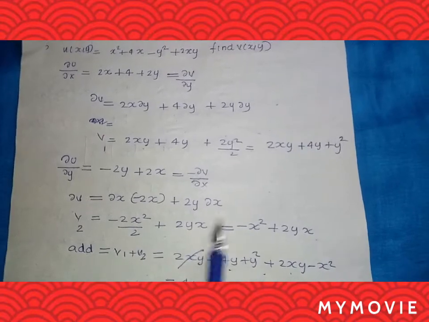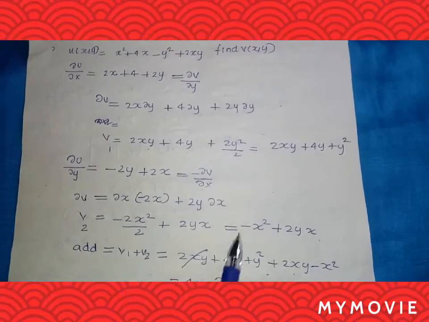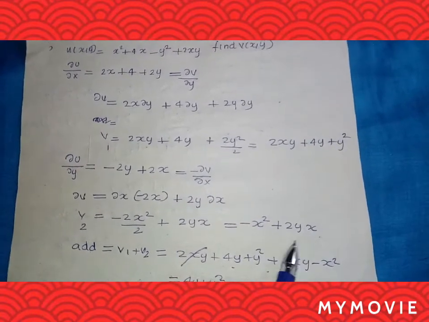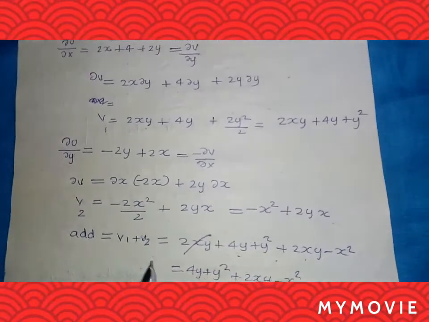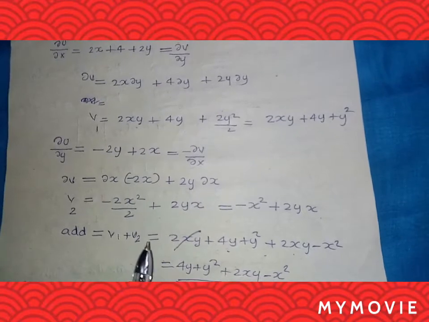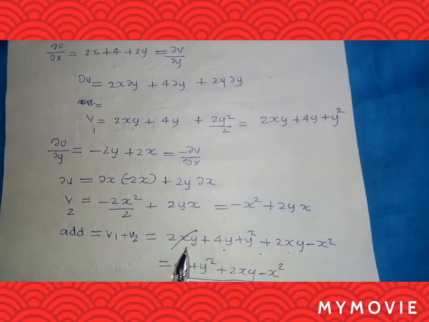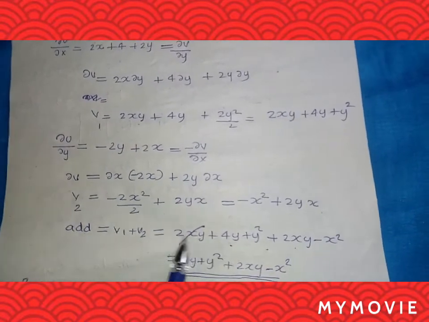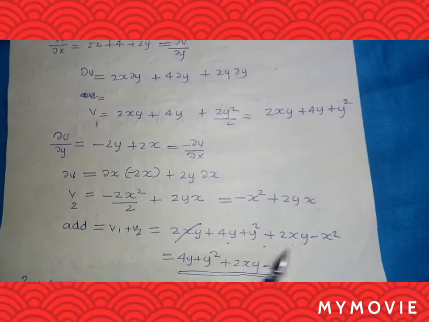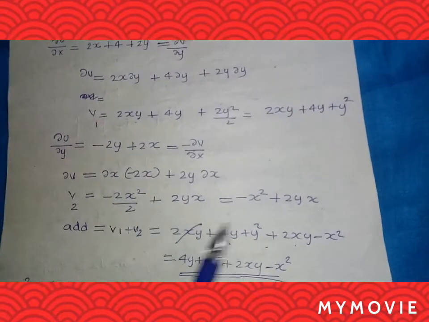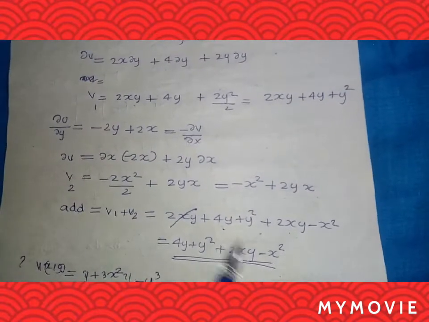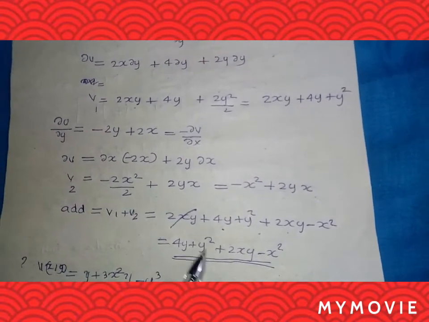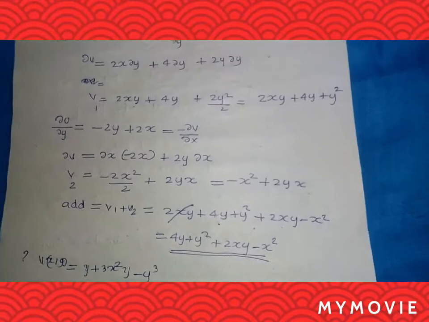From the second condition we get the imaginary term as minus x square plus 2yx. Add these two imaginary functions and check whether there is a repeated term. We know that 2xy is here, and here also 2xy. So the repeated term is 2xy. Cancel it, and we get the actual imaginary term, that is 4y plus y square plus 2xy minus x square. Okay.